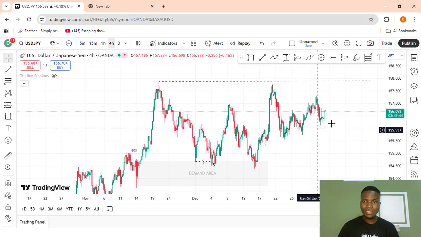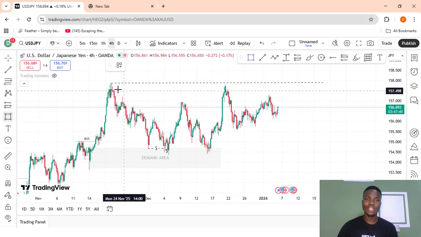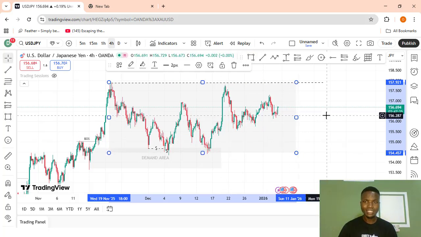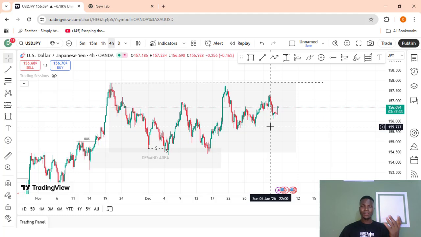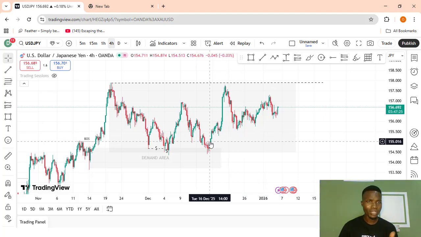But right now, what the market is actually doing is more like consolidating. If you look at it very well, see right there, the market is consolidating around here. So I cannot place a trade when a market is consolidating like this.